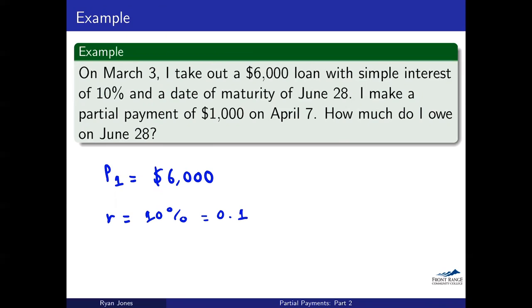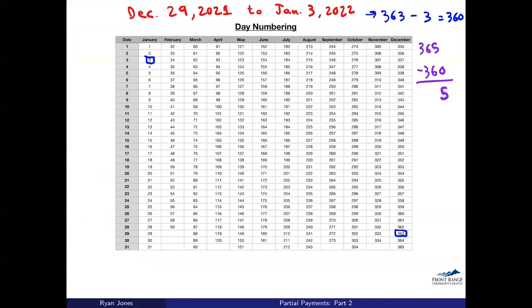And then we have a time, T1, which is the time from the first day, March 3rd, until our partial payment, which occurs on April 7th. I'll put that in quotes because obviously this isn't a mathematical thing, but it's just that amount of time that occurs.